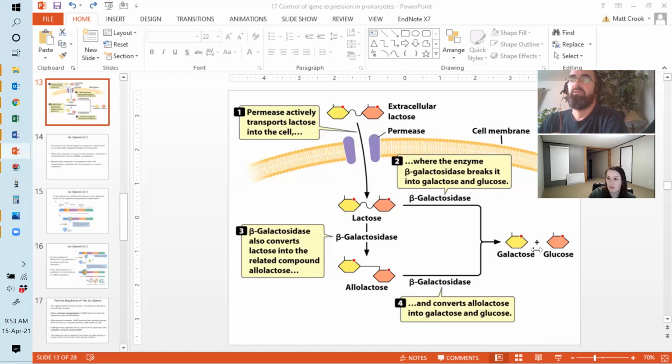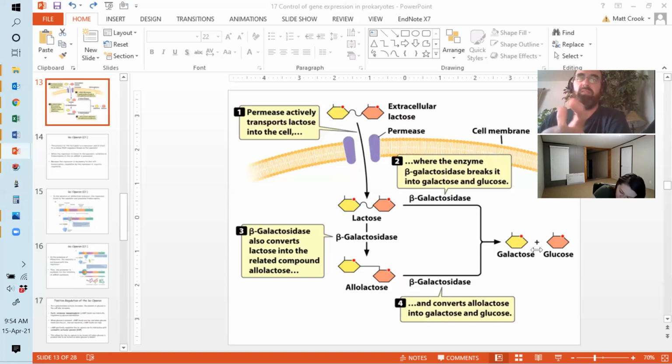Low levels of cyclic AMP. Yeah, thank you, Pedro. You got that right too. How much activity of the lac operon do you need if you have high levels of glucose? Low. Cool. Low levels of cyclic AMP lead to low levels of lac operon expression.